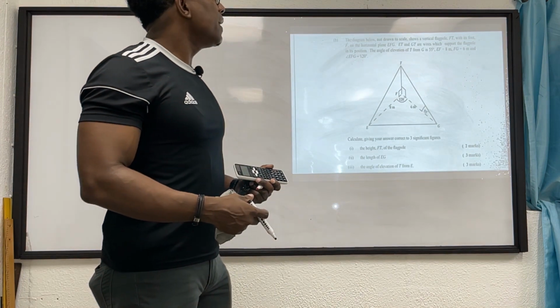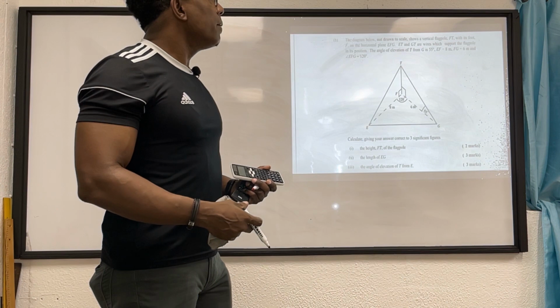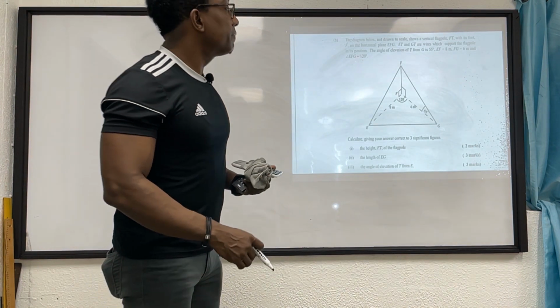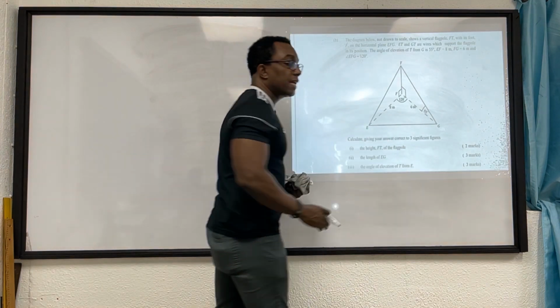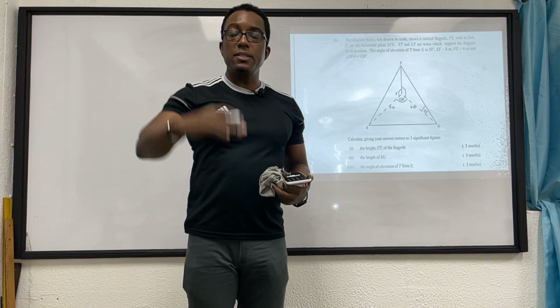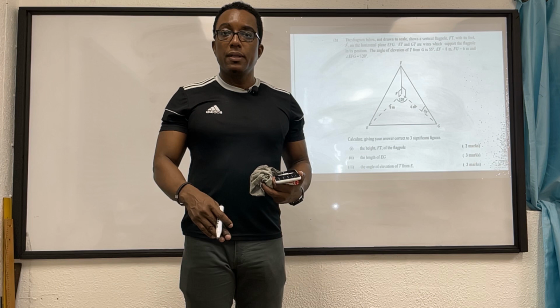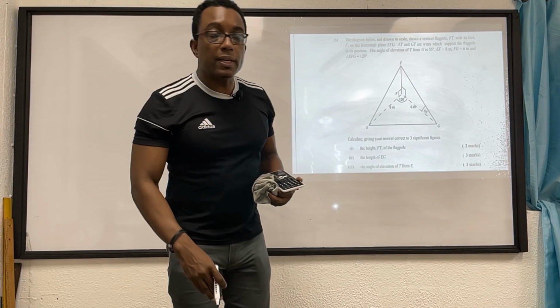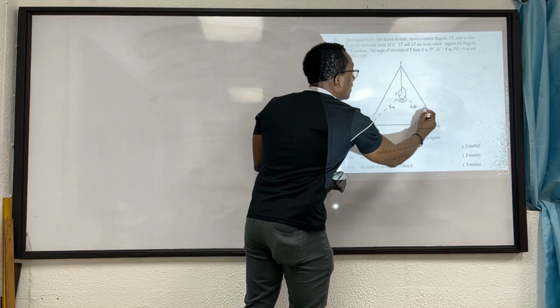The angle of elevation of T from G is 55 degrees. The angle of elevation means we have a horizontal line of sight, and when we look up, that's your upward line of sight. So the angle between the horizontal and upward line of sight is your angle of elevation.